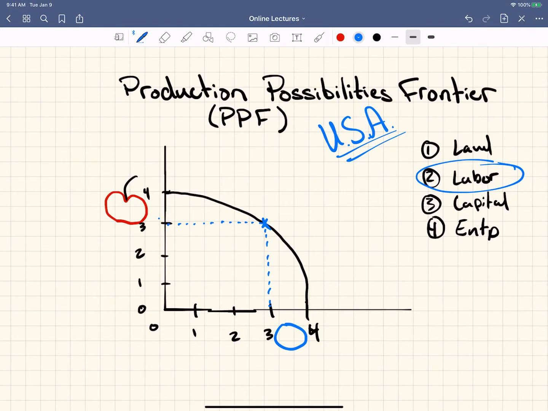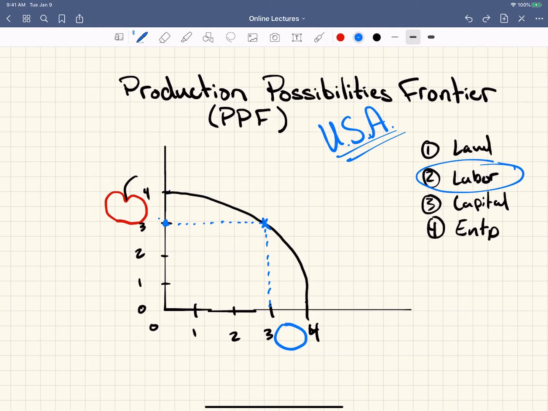Okay, so we want to move from this point to this point. We want to produce 1 more cherry. Well, the opportunity cost as you slide along the curve is all 3 of the blueberries. So as we produce just 1 more cherry, we have to give up 3 blueberries. And so this would be the opportunity cost of producing that 1 cherry.